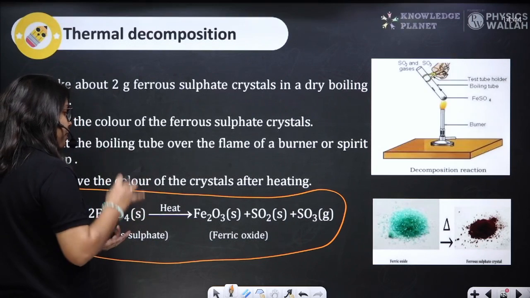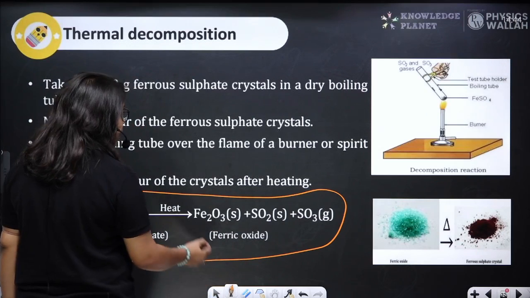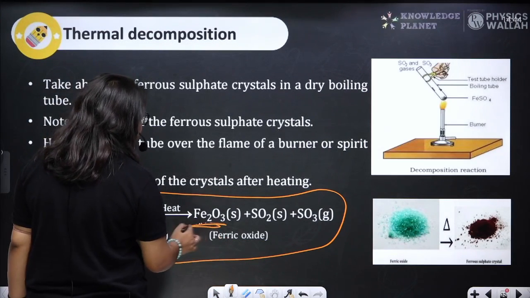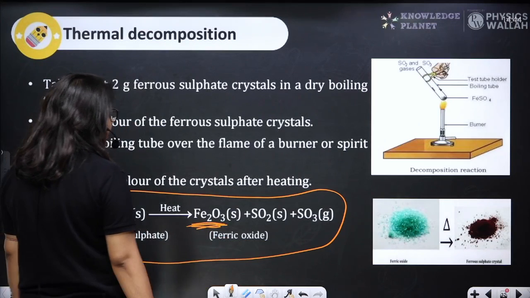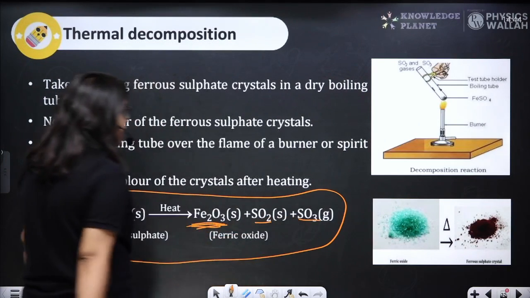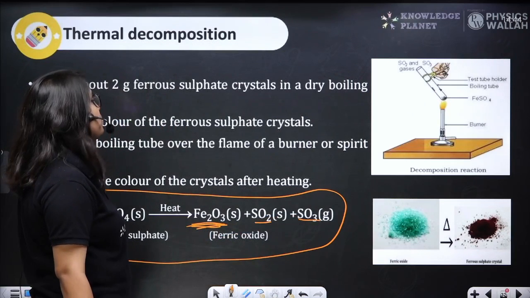Upon heating, it gives rise to reddish brown ferric oxide with sulfur dioxide and sulfur trioxide gas.